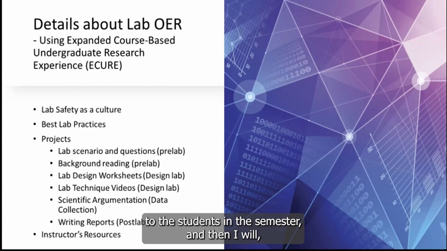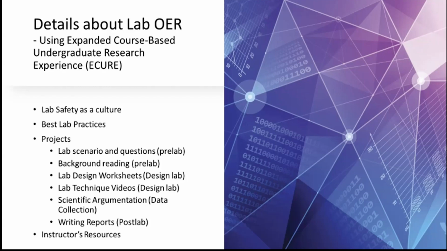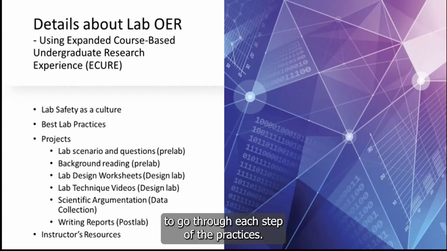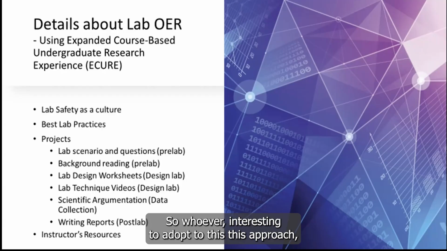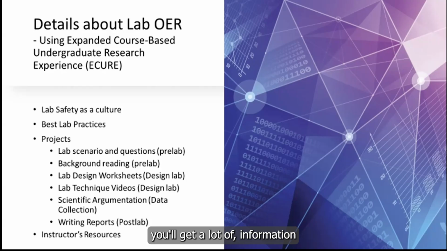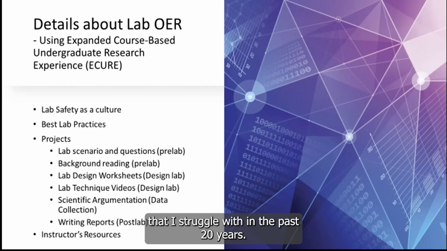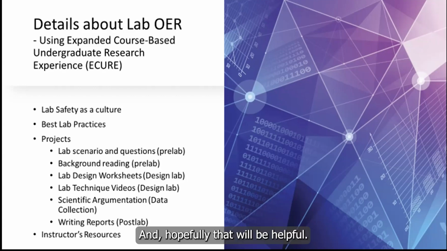Then I lay out the project, and I help the students go through each step of the practices in this book. I also provide instructors' resources in this book. So whoever is interested in adopting this approach will get a lot of information that I struggled with over the past 20 years, and hopefully that will be helpful. Next slide, please.